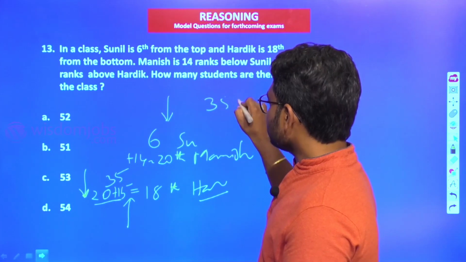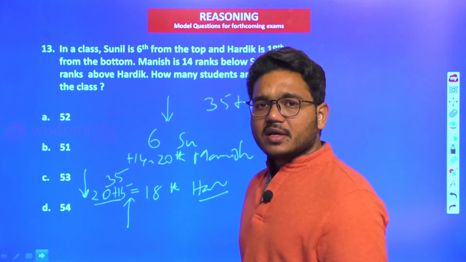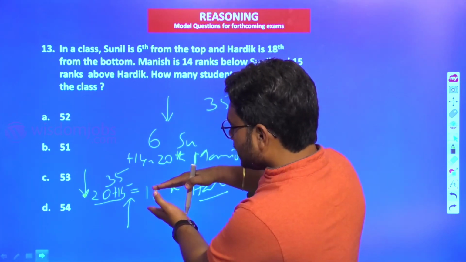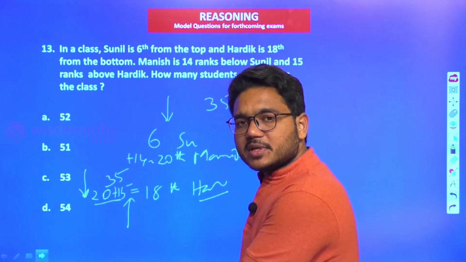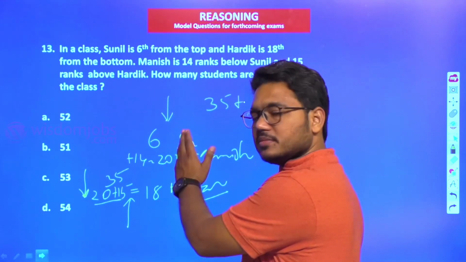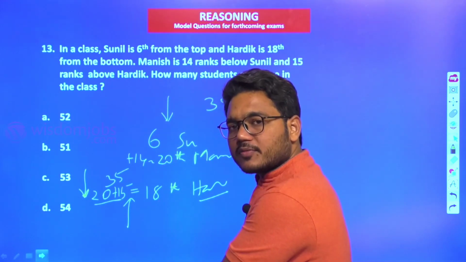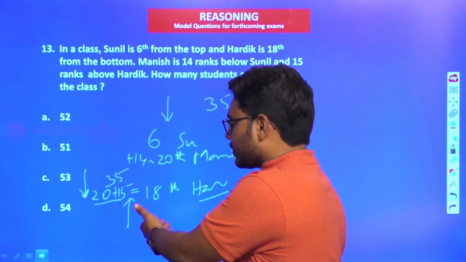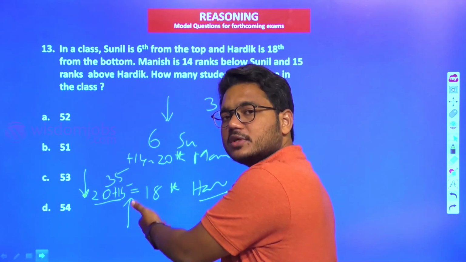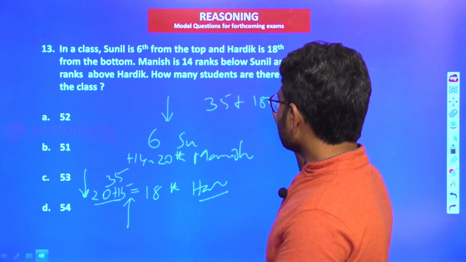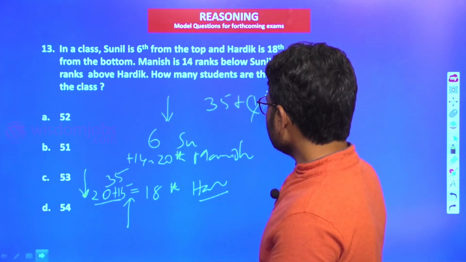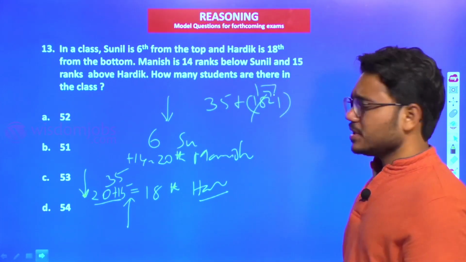So 35 plus, excluding this number which is already included in the 35, what could be the remaining number? From the bottom, 18th position means after reaching 17 numbers we reach the 18th position. So we have 18 minus 1, or simply 17.